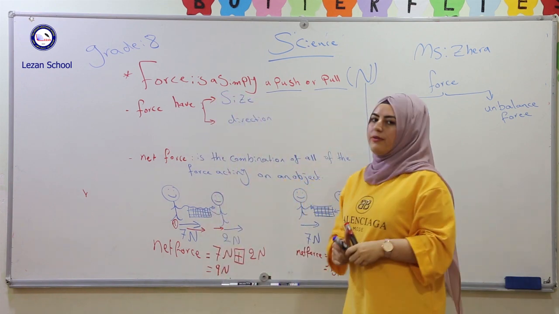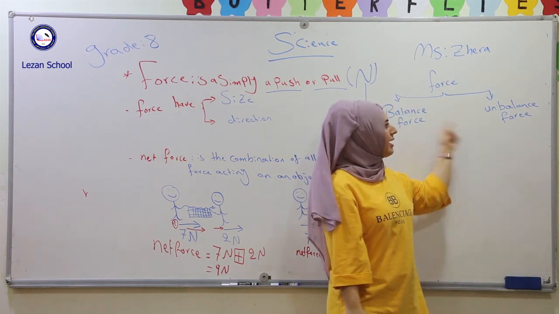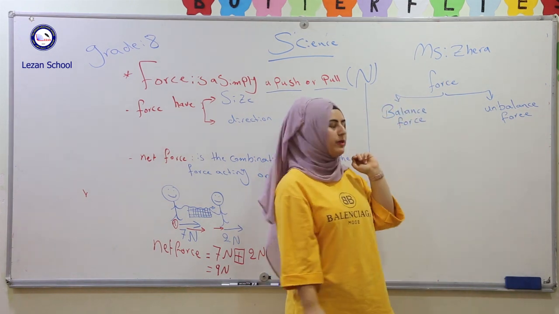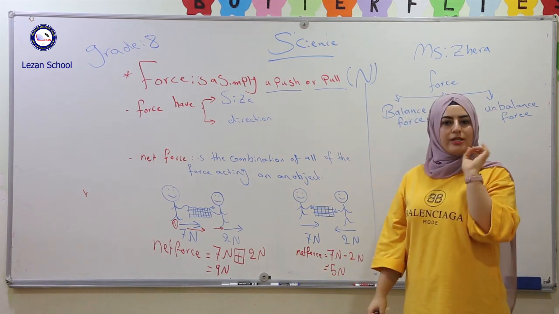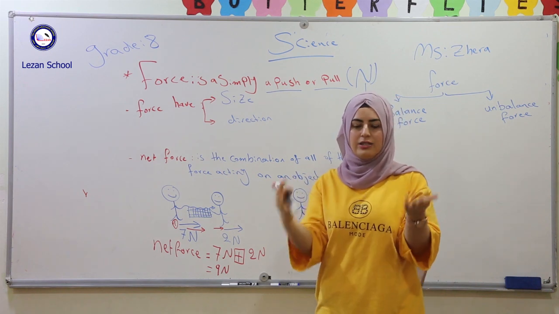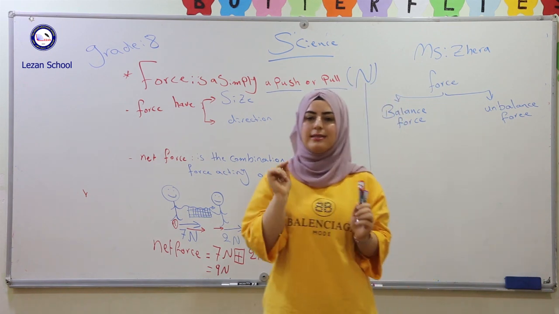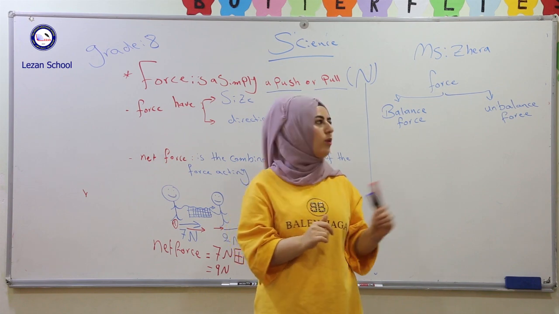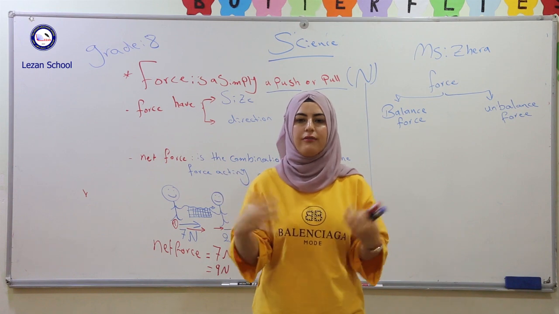We have two kinds of force: balanced force and unbalanced force. What's the difference between them? It's very easy. Balanced force means that if you have forces acting on something, the net force equals 0 Newton. This kind of force is called balanced force.